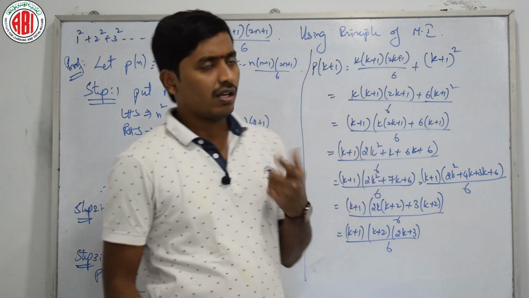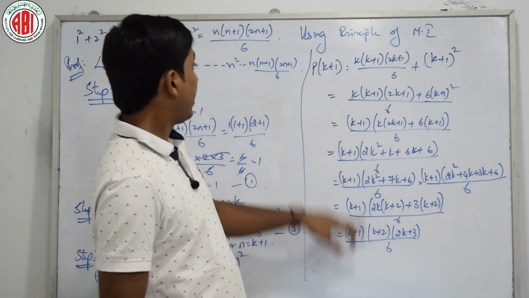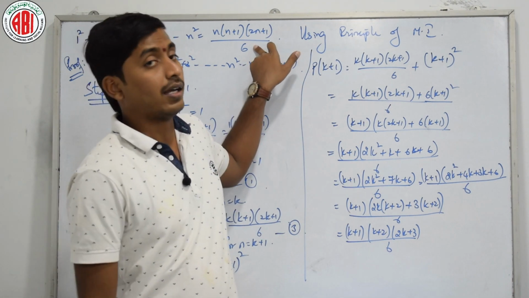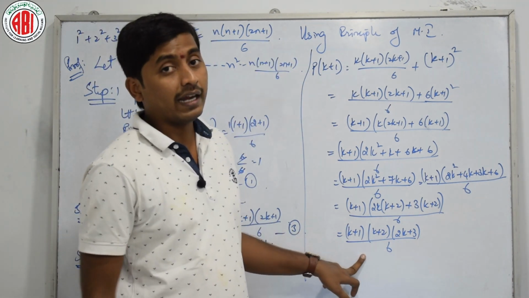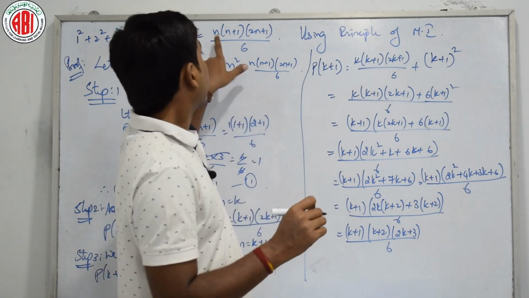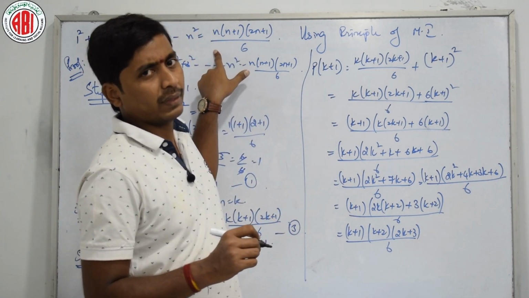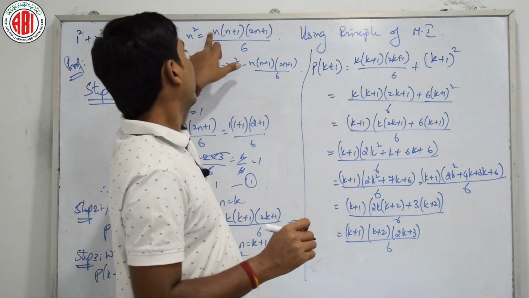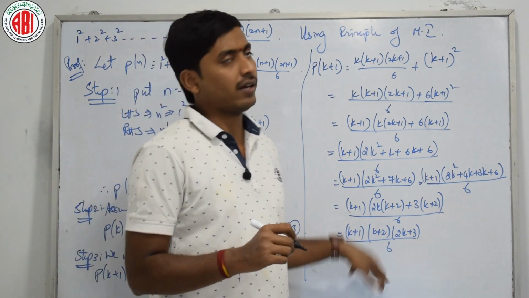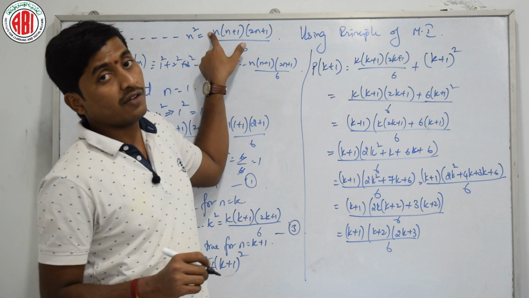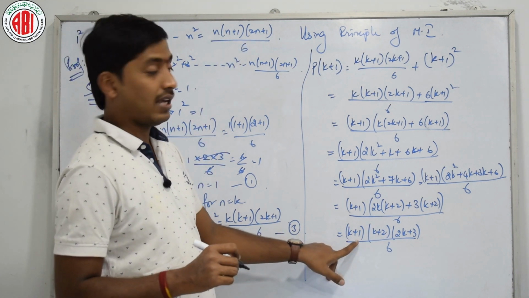Then you can ask me, how to prove that this statement is similar to this? Whatever statement we get, it should be like substituting n equal to k plus 1 in this given question. Just check here, the denominator is 6, it's fine. The numerator is n; instead of n, it should be k plus 1. Yes, it is k plus 1.